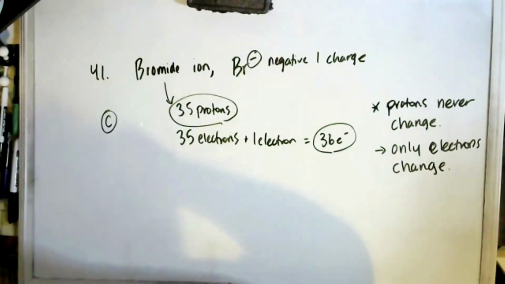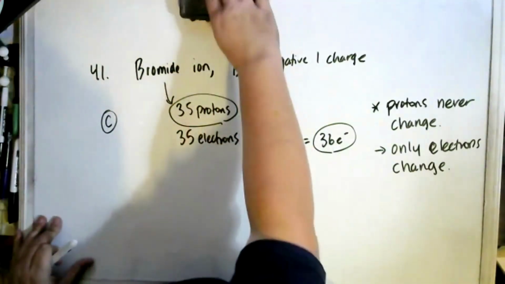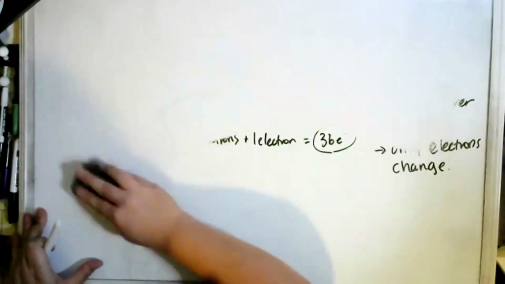All right. The next question says, what is the symbol for the ion formed by sulfur?